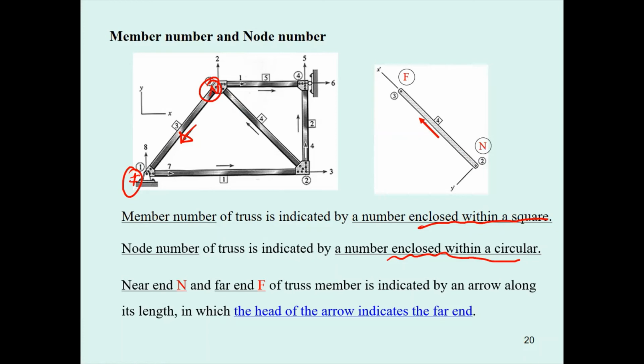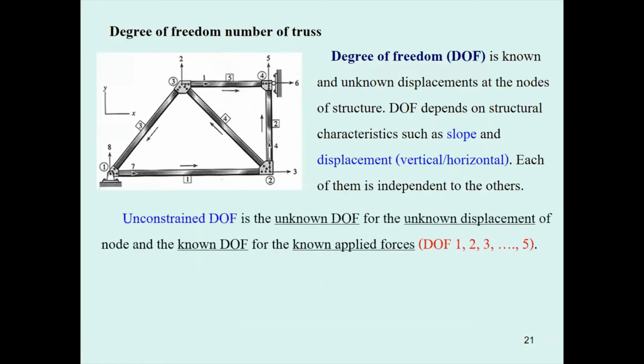The degrees of freedom are separated into unconstrained degrees of freedom, which are going to be this one, this one, this one, this one, and this one, followed by the constrained degrees of freedom, following the support roller, and the support here for the pin.